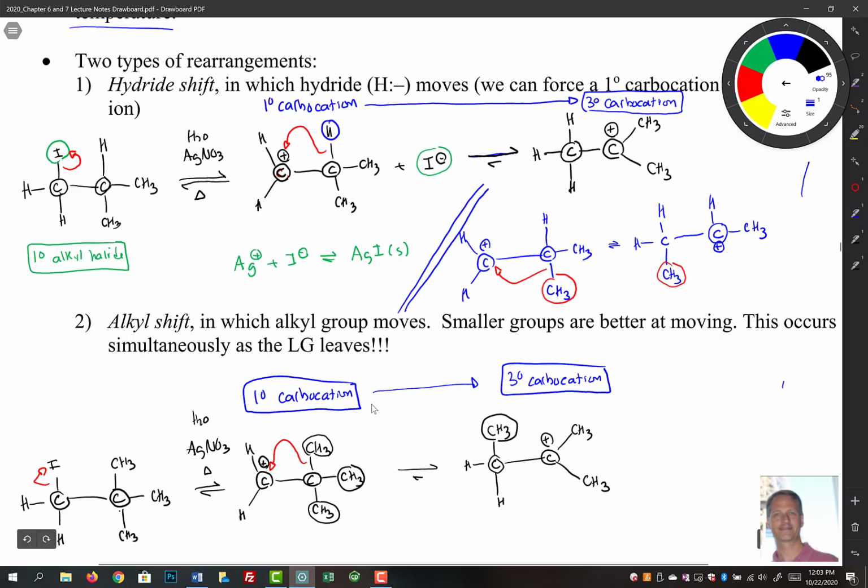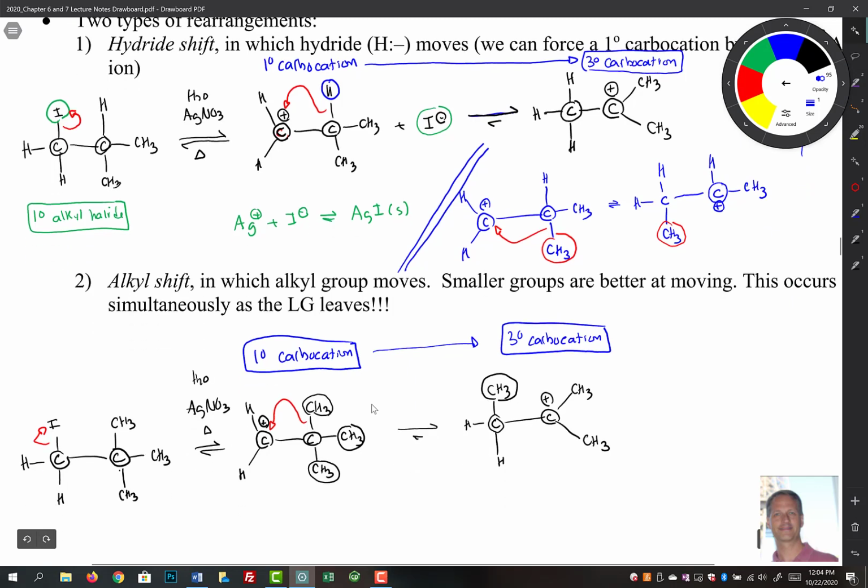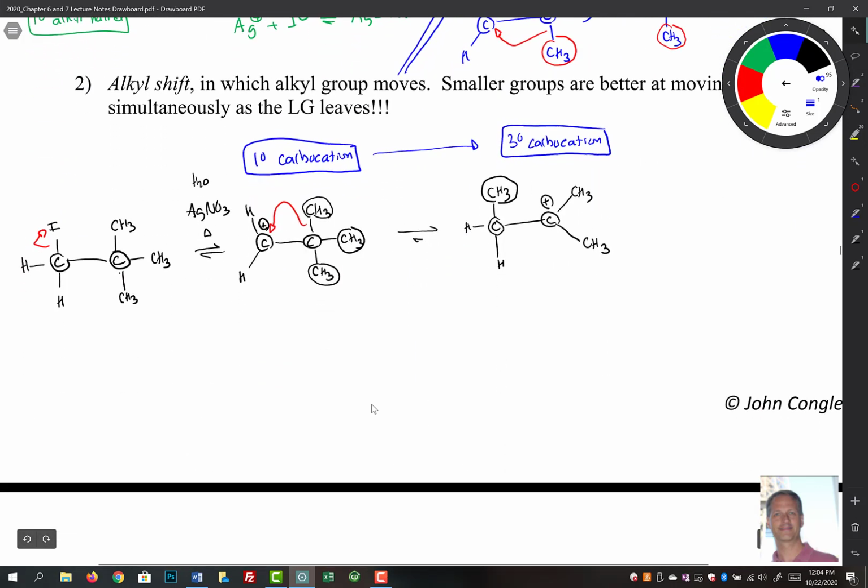Now the other thing that can occur here too, guys, is that this can happen in rings. And it usually just blows students' minds. So let's take a look at this and just do a little example. So we'll come up here and we'll put an iodide group here.